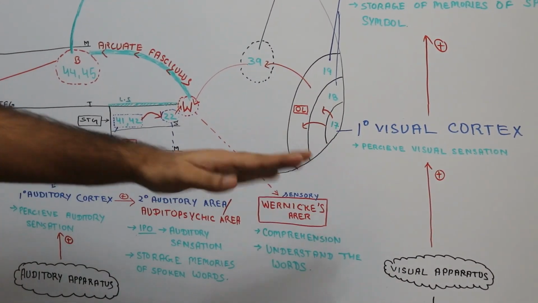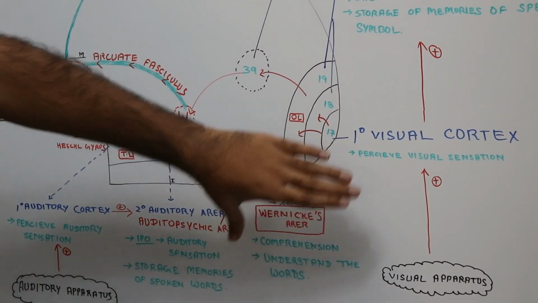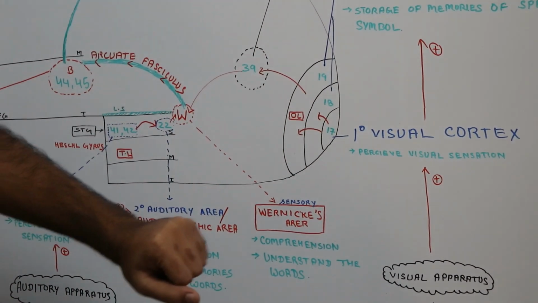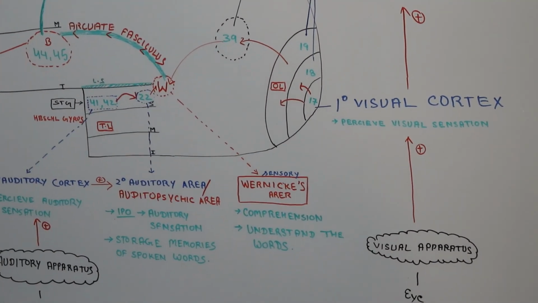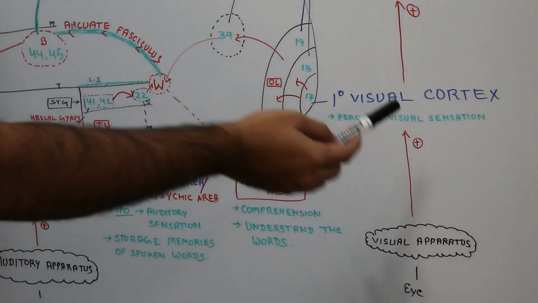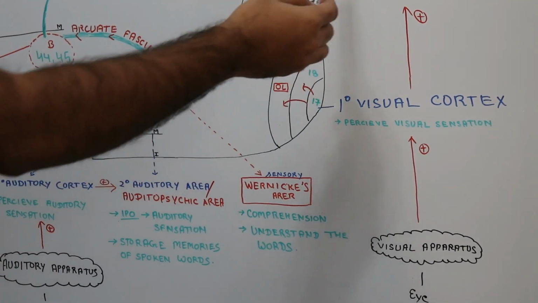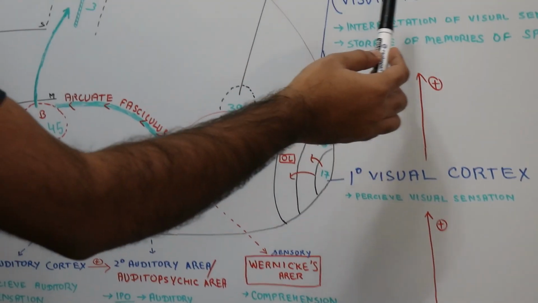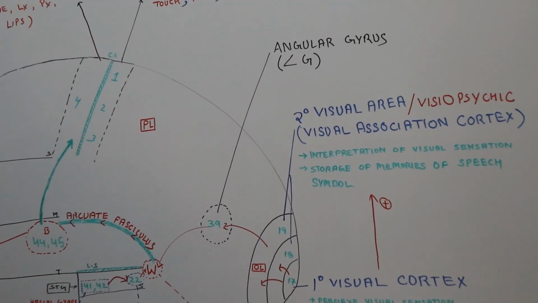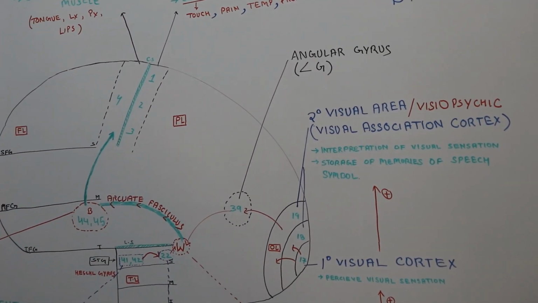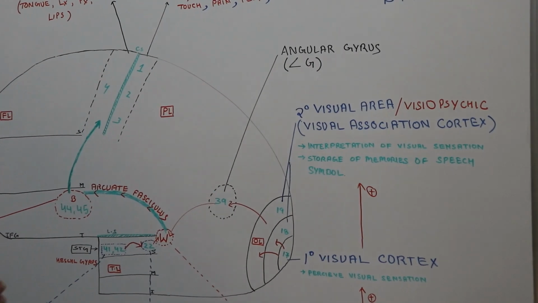The primary visual cortex, area number 17, present in the occipital lobe, perceives visual sensation. After this perception, the information will go toward the secondary visual area, also known as the visuopsychic area or visual association cortex.